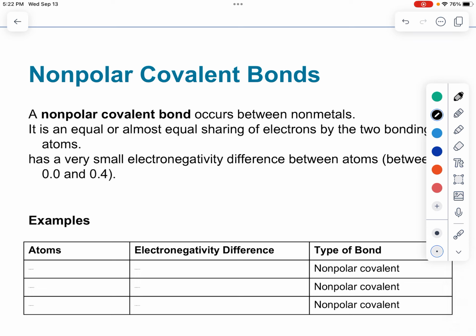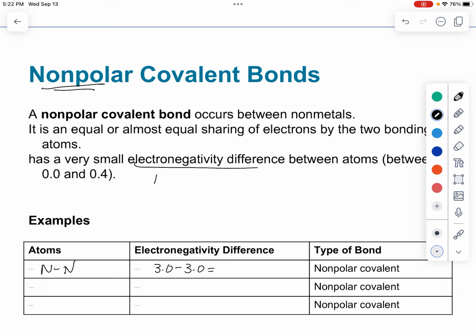Okay, so let me see what this is supposed to be showing us. Nitrogen, nitrogen. The electronegativity difference is what's going to tell you whether or not you have a polar covalent or a nonpolar covalent bond. These are examples of nonpolar covalents, and we're going to look at the difference in the electronegativity. The greater the difference, the more polar the bond.